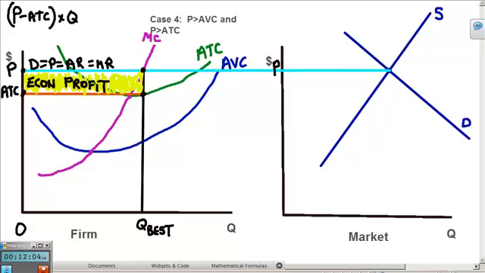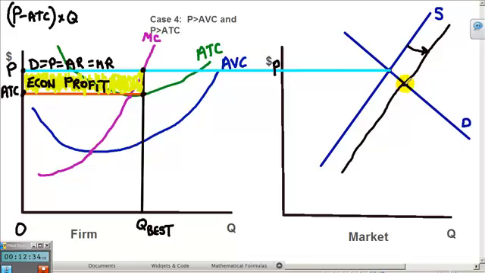It's not because of Fred, it's because he's in the right place. And so they'll want to be in the right place too. And so they'll come and they'll enter the industry. They'll want to make this extra profit. And so what happens then is that as they come in, it'll increase the supply. And when it increases the supply, the price will fall.